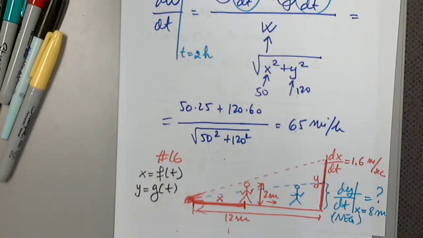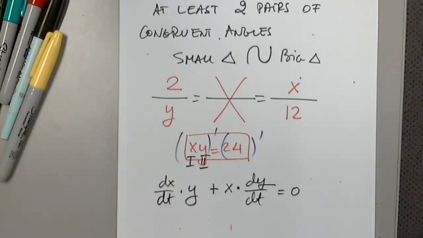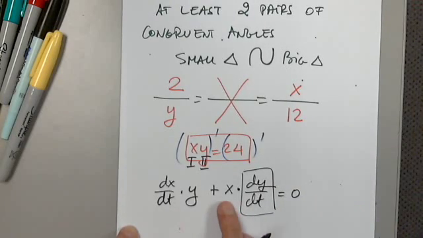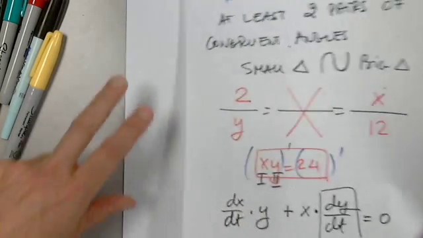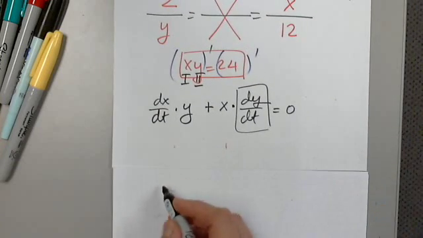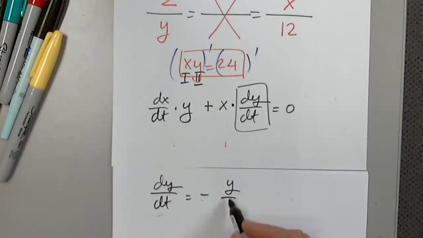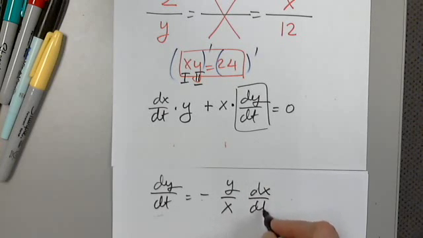Very good. So coming back, we are after this. I will move everything to the other side and divide by x. So it will be negative. So dy over dt will be negative y over x times dx over dt.